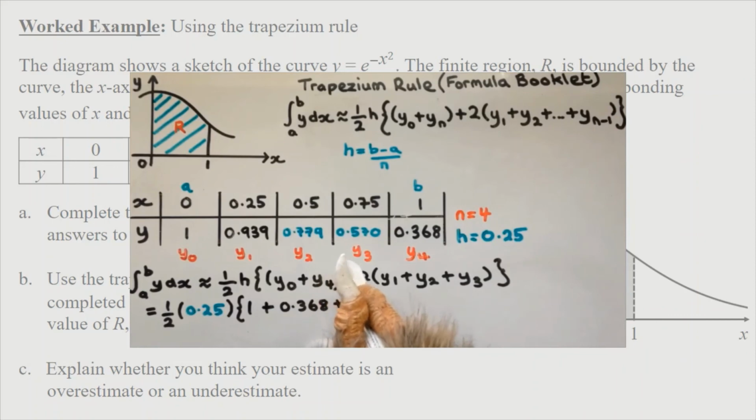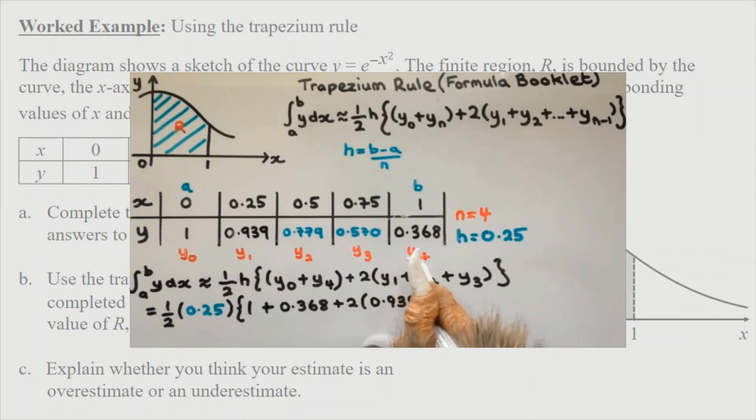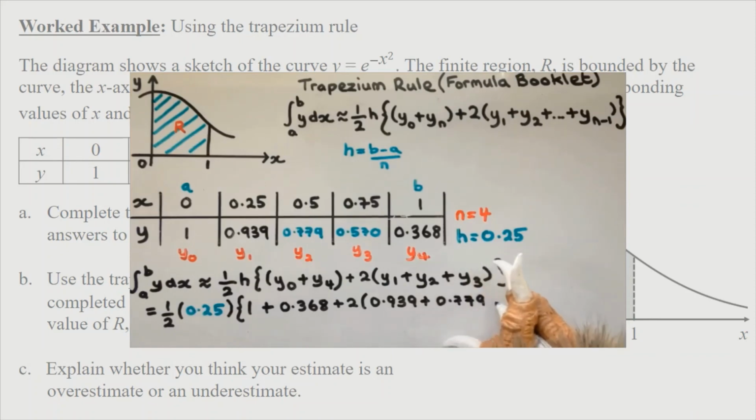And then 2 lots of the rest. So plus 2 multiplied by 0.939 plus 0.779 plus 0.570. Close that and close the bracket. Okay, now just check everything's in there.